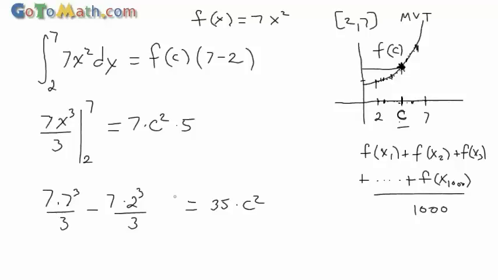I'll let you all do this by hand. 7 times 2 times 2 is 4 times 2 is 8. I don't know why I got an error on that. Divided by 3. Okay, I'm just going to go ahead and write down what I got here. Don't want to leave anybody in the dark. That's what I got, over 3, equals 35 times C squared.